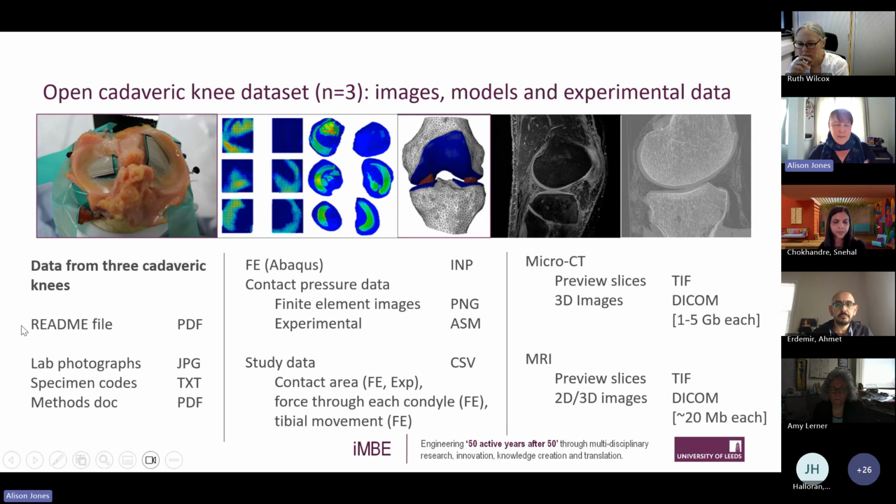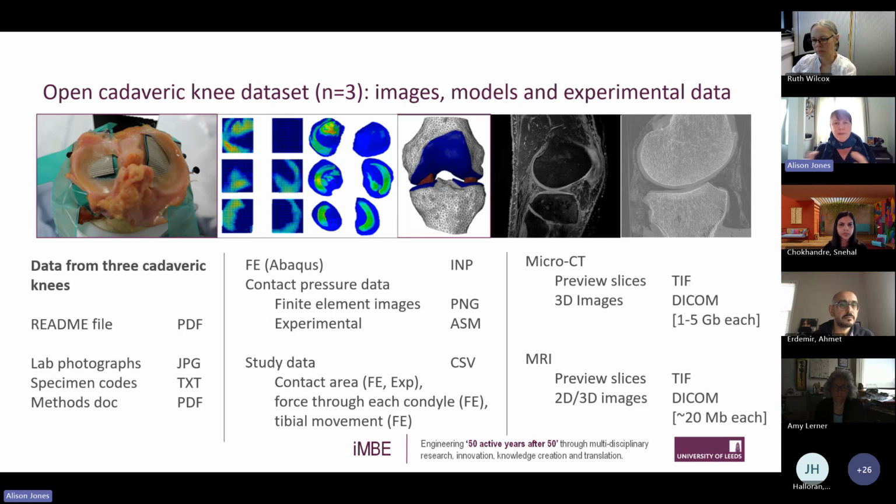But there is a README file in PDF format which lists everything that we have, including some breakdowns of the sequences of the MRI images, etc. And we have photographs from the lab work, so example there on the top left, so you can actually see the specimens themselves. As I say, we have a much broader set of cadaveric data that comes from the wider project, and this is just the first three. We're intending to put a lot more out, and we'll come back to that a bit later.